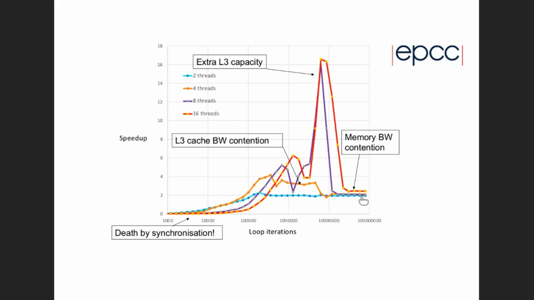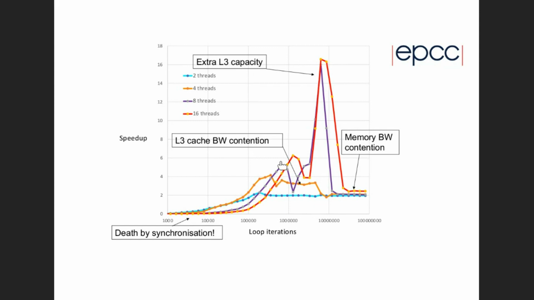Can I explain the minimum in the middle? Oh dear, I knew somebody was going to ask that. Okay, this is where you're between running out of L2 and having extra L3, I think.